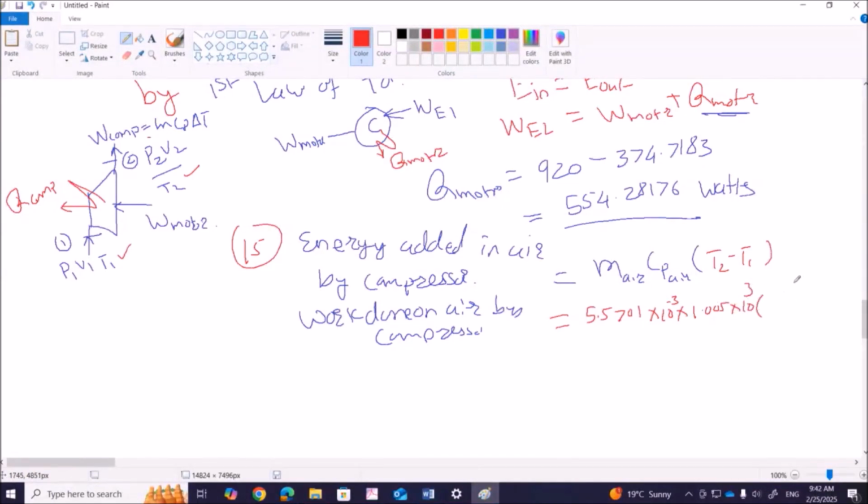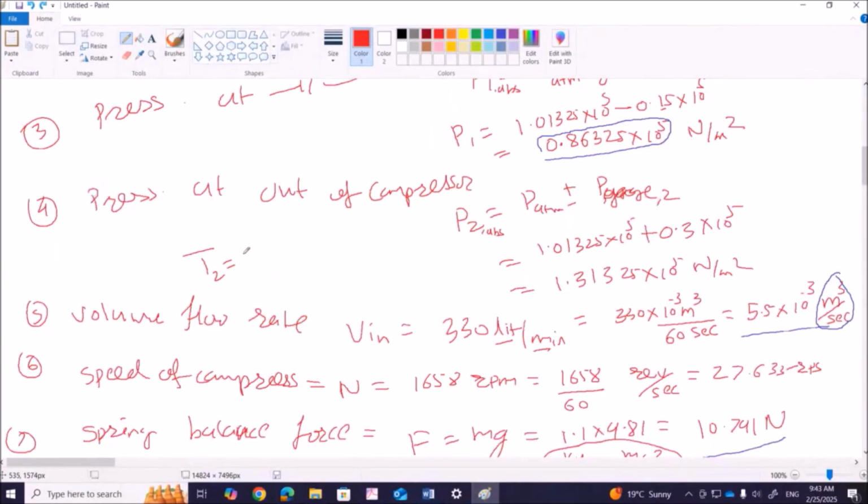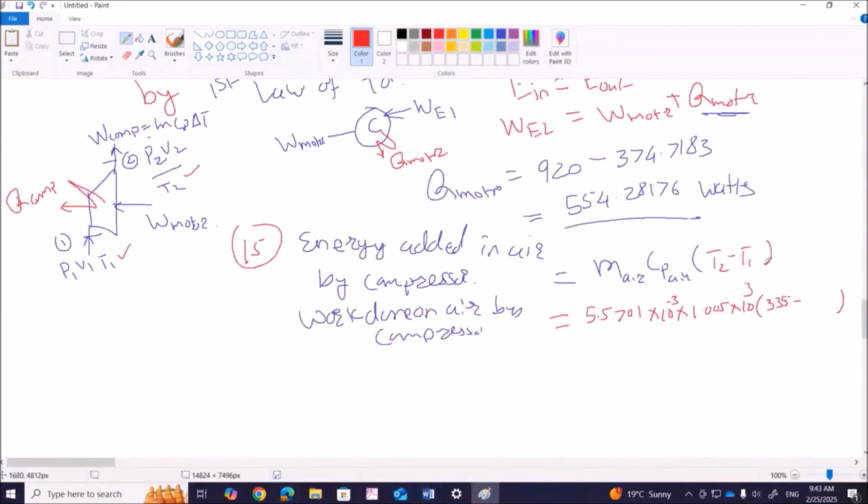And T2, here you can put degree centigrade or Kelvin, doesn't matter. T2 is 335 as we recorded here. We didn't write it, so we can write here T2 plus 273, you will get Kelvin, 335 Kelvin. So take this temperature, 335 minus 297.